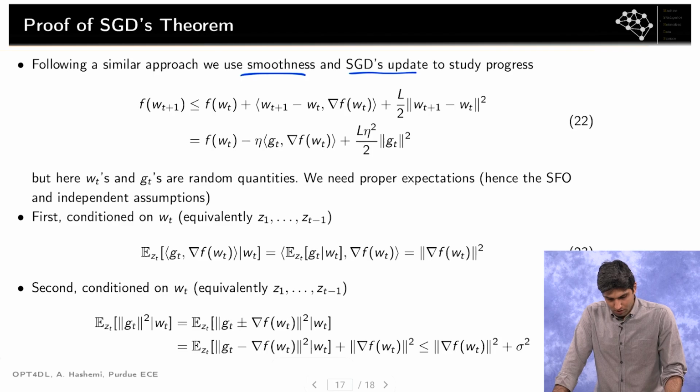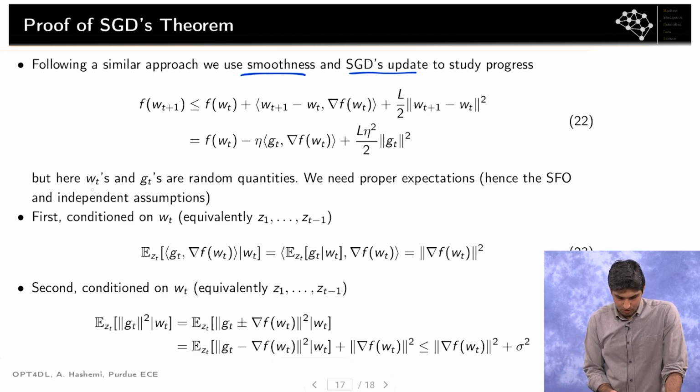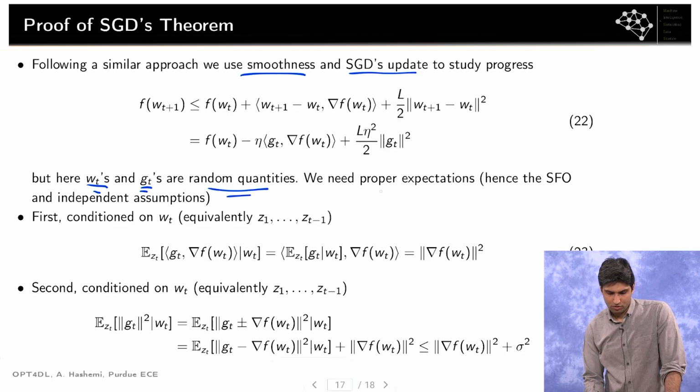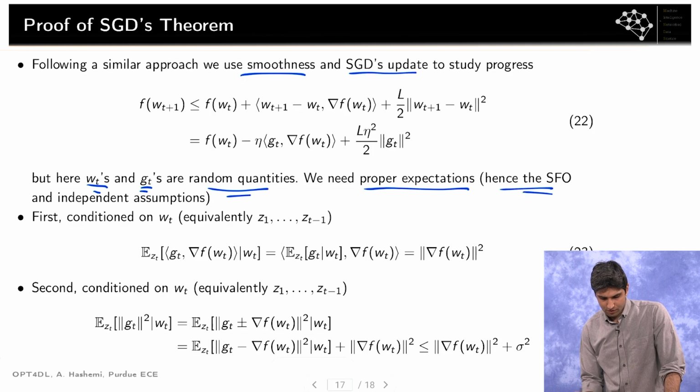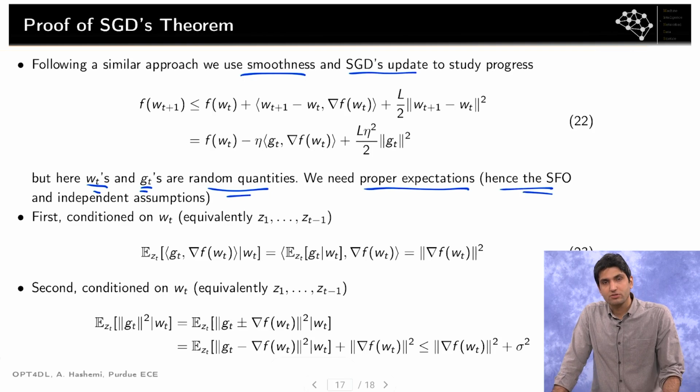So we need, more mathematically, the solution at time t, w_t, and the stochastic gradients are random quantities. So we need proper expectations, something we saw before when we talked about the proof of stochastic gradient descent on Lipschitz and convex functions. And therefore, we also need some assumptions on how good our estimators are.